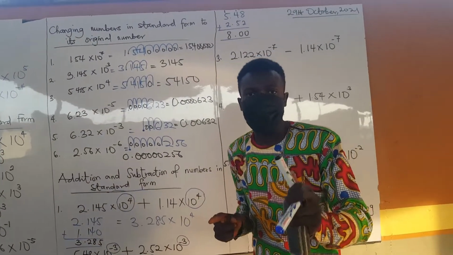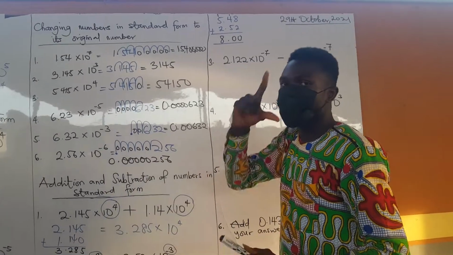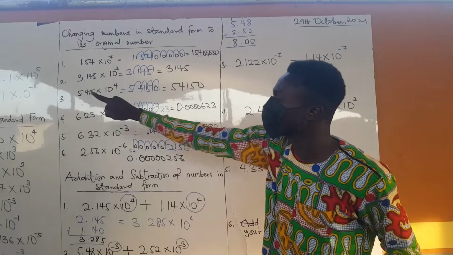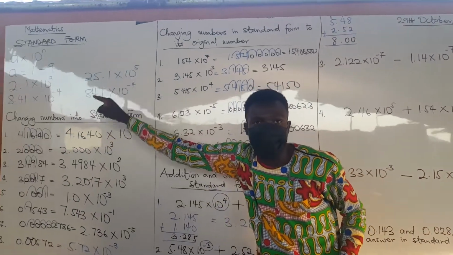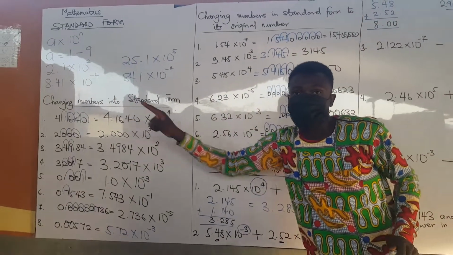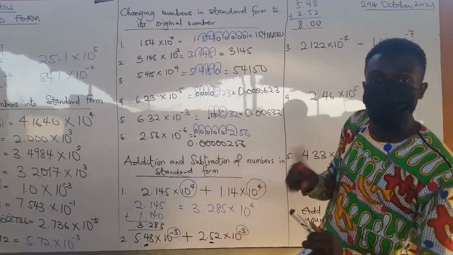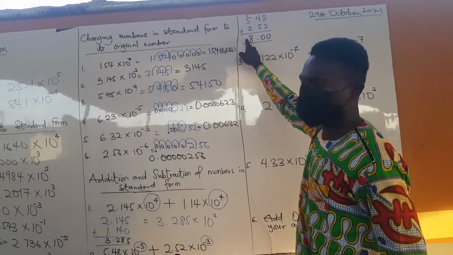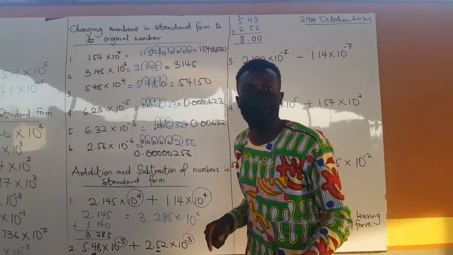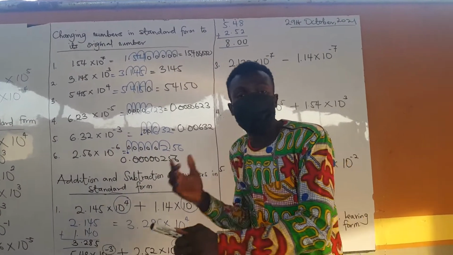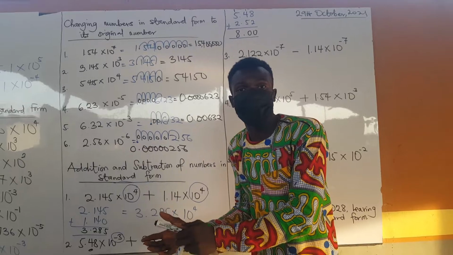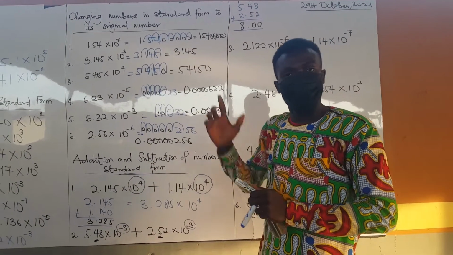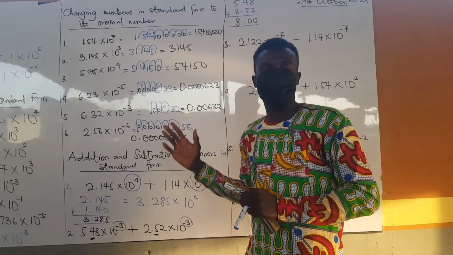But note that if in case you add and the number here cannot be found within the range 1 to 9, just as we said, then you have to change your answer into standard form. So let's assume that after adding, you had 12 point something. The 12 is not in standard form, so what do you do? You change it back into standard form, then you add the powers to get your answer.